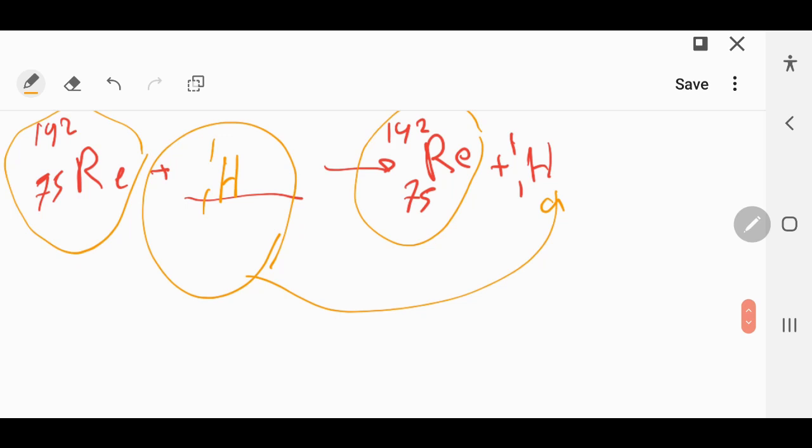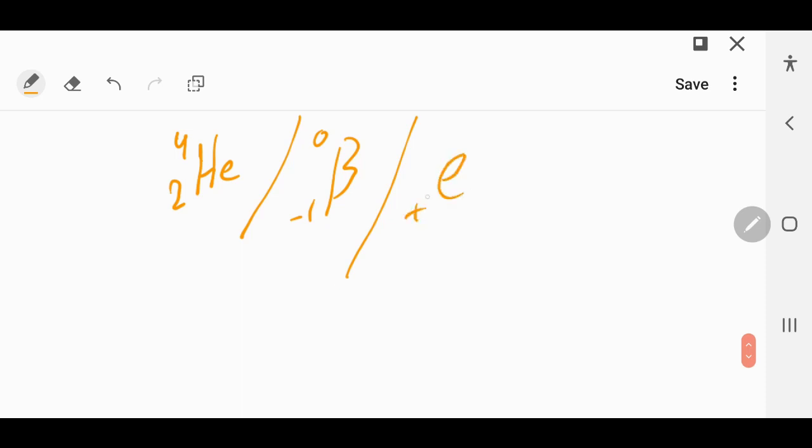You just follow the change in the atomic number, and remember that the particles we have are helium 2, 4, or beta particles with 0, -1, or electron +1 with 0, or we could have electron -1, 0.